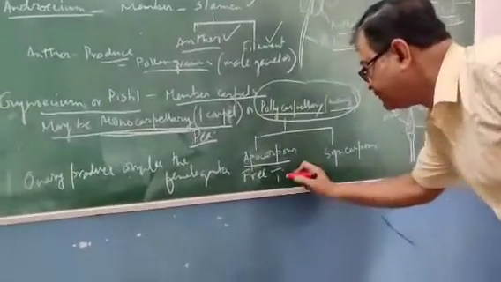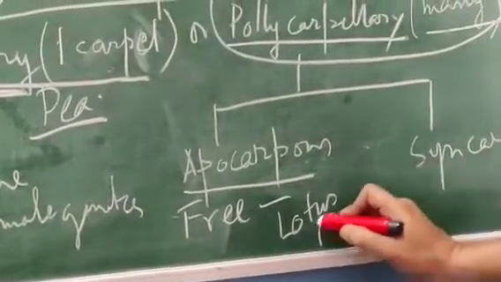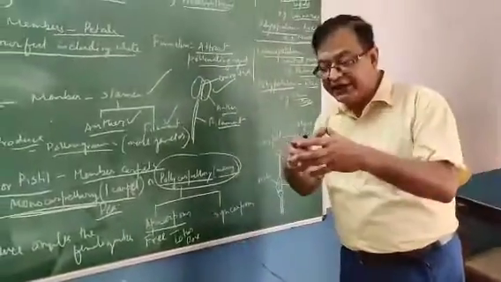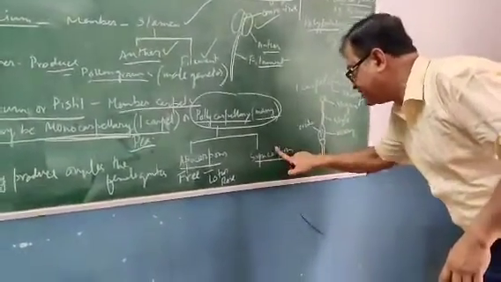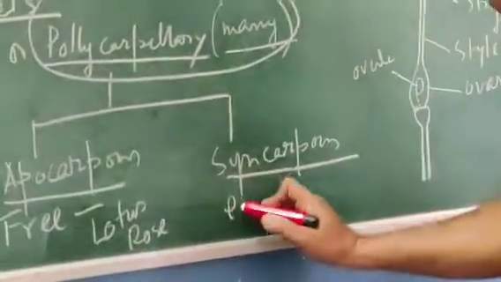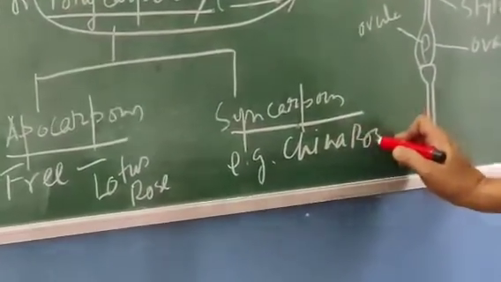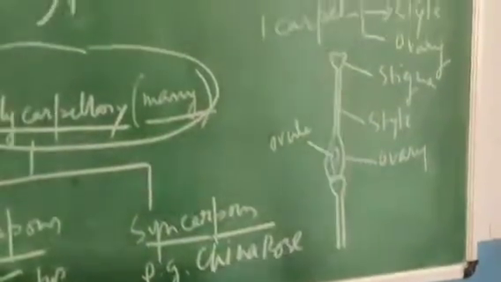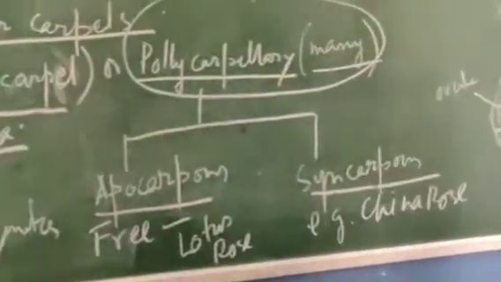Example, lotus, rose, etc. And if the carpels are united together, fused together, then it is called syncarpous pistil. Example, China rose. In China rose, the carpels are united.